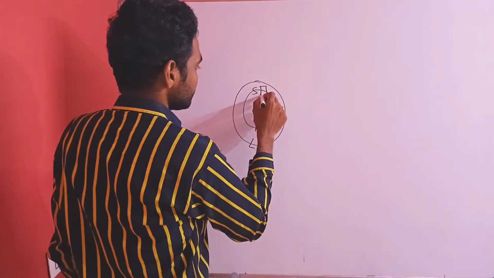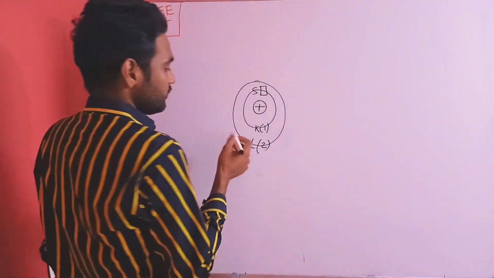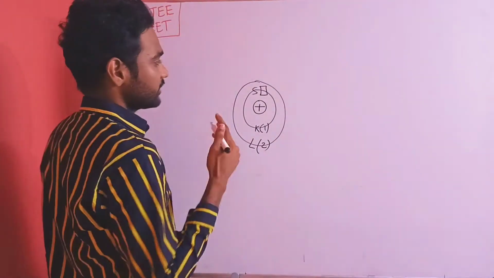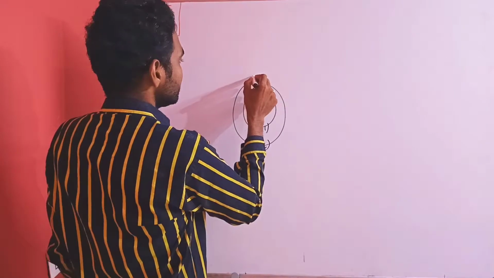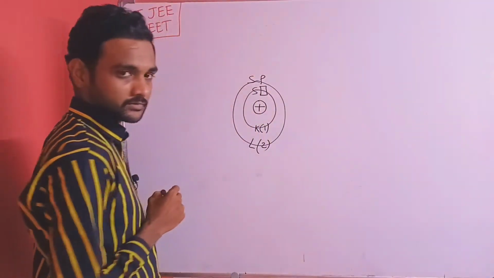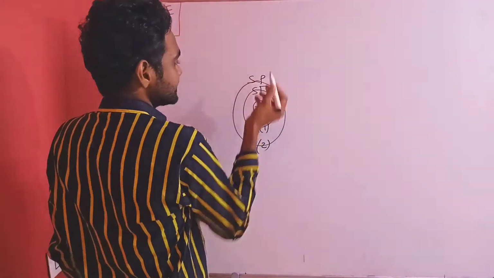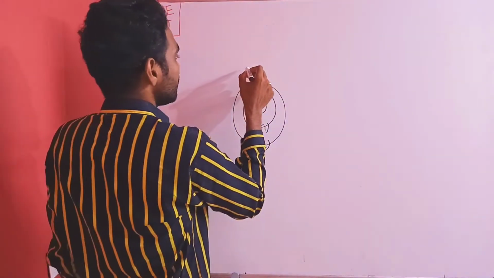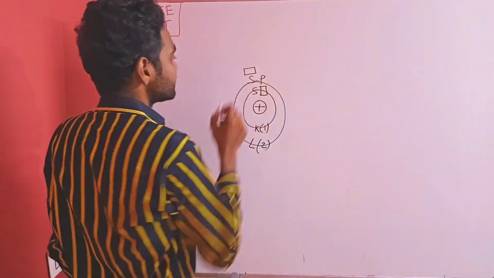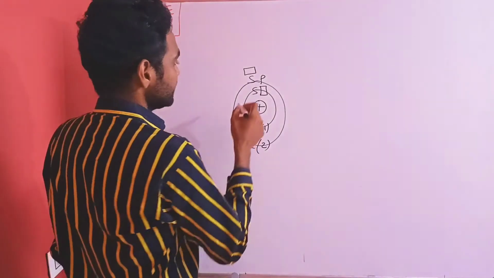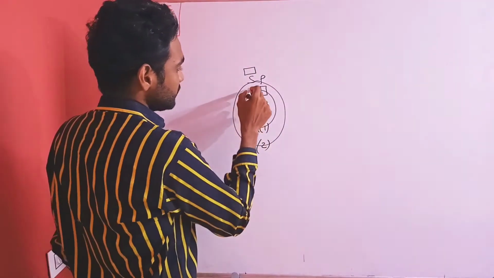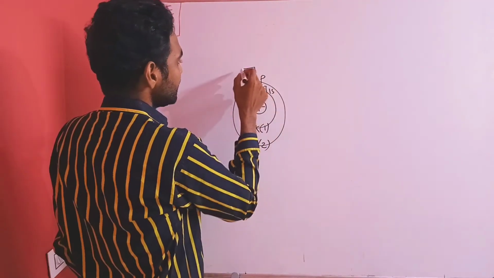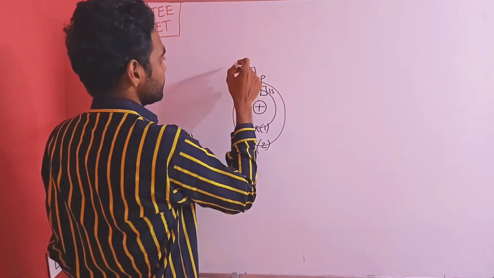Now in the L shell there are 2 subshells, s and p. In the s subshell again one orbital is there, the s orbital. In the case of the s subshell, this is the only subshell and this is the only orbital, remember properly.